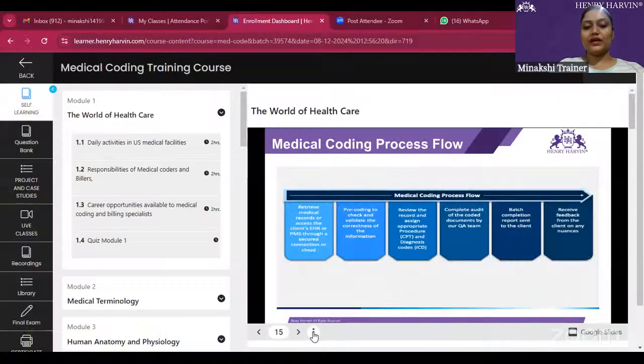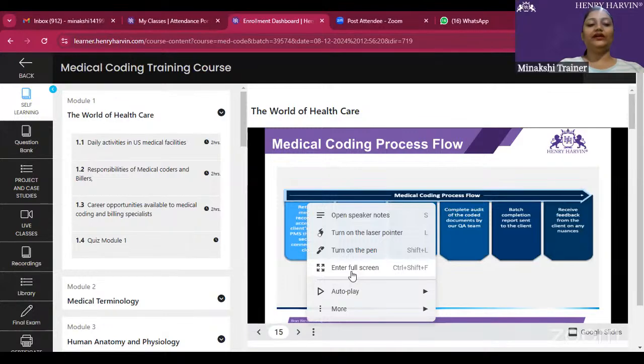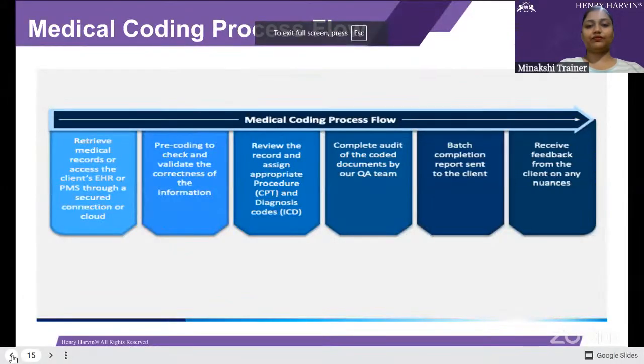After the three types of coding, I want to explain regarding your CPC examination. CPC stands for Certified Professional Coder. This examination is conducted by AAPC, the American Academy of Professional Coders. This is an international training organization which carries out the certification process worldwide.